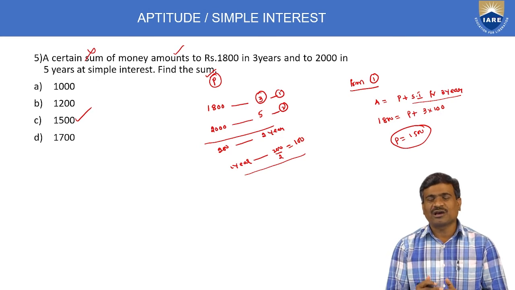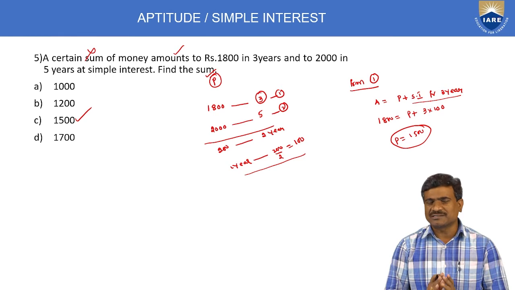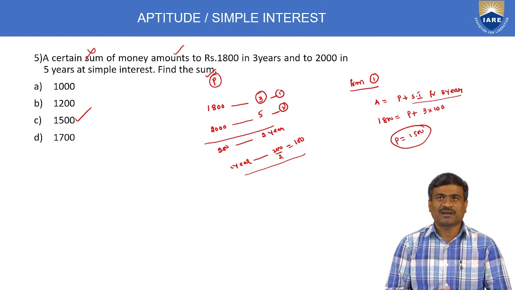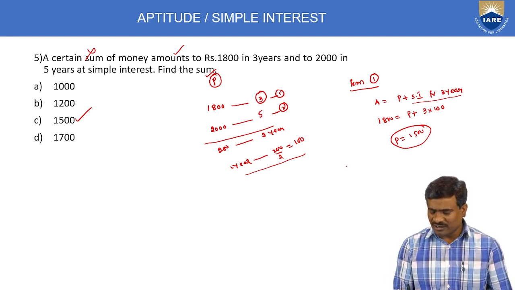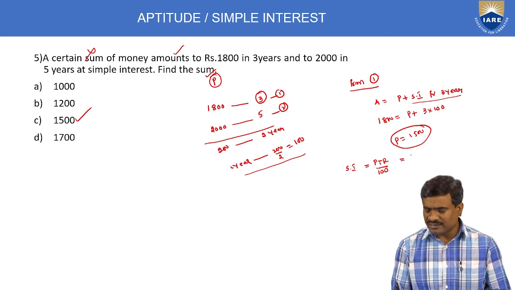Suppose we again calculate the rate of interest with the same information and same logic. Calculate it in the second example: find the rate of interest per annum. Your formula is SI is equal to PTR by 100. Simple interest for 3 years is 300.